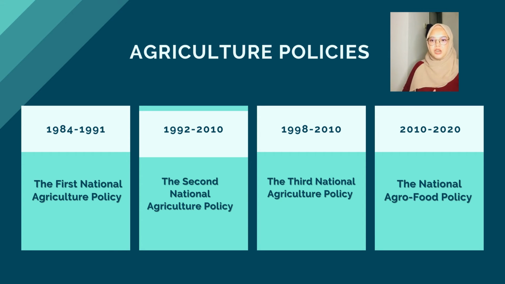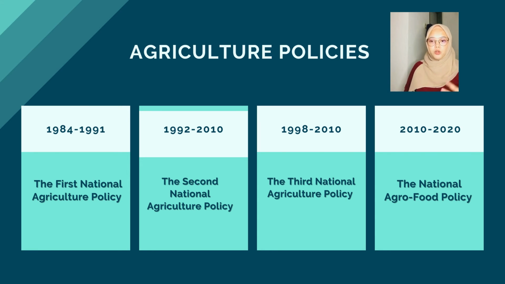In this period, the agriculture sector overall had some problems such as policy favorable to industry, manpower shortage, the increasing cost of production, and competition for land with other industries. This strategy was to highlight the economic disparity between traditional and commercial farmers. The second National Agriculture Policy, around 1992 to 2010, followed the first.